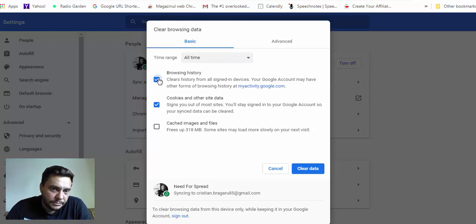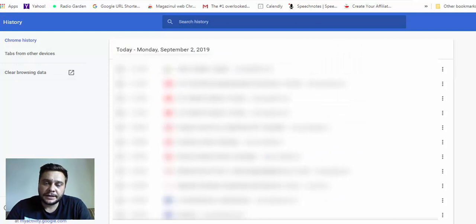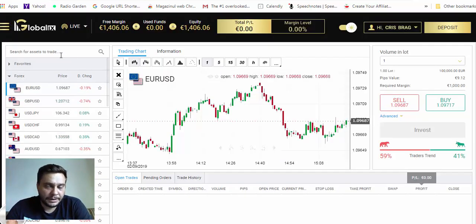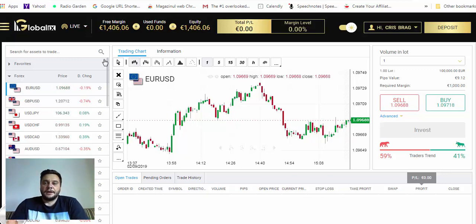You don't have to delete browsing history or cached images. You click here on cookies and other site data and clear data, and that's it. You'll be ready to go. And then click on the link below this video and you're ready to use GlobalX in order to make a very good profit every day using this trading software.